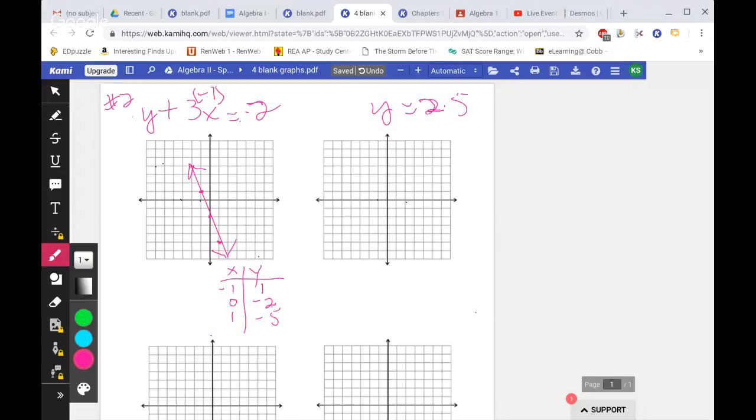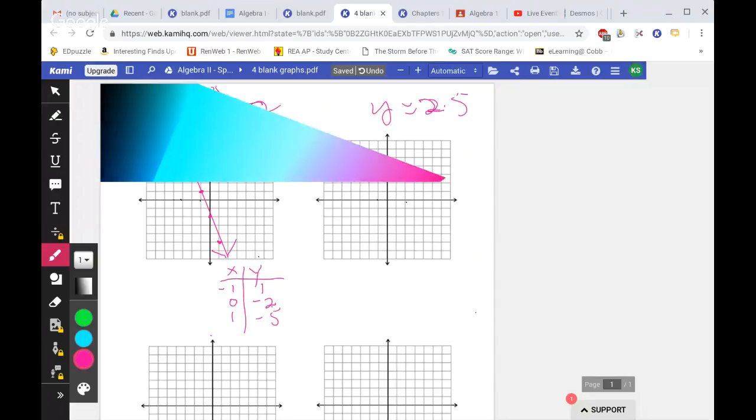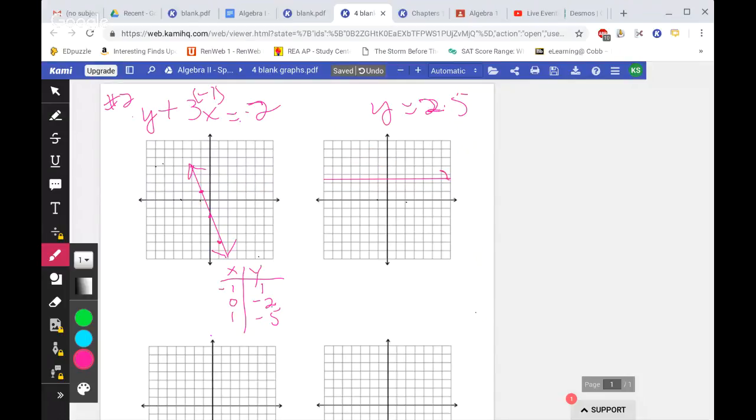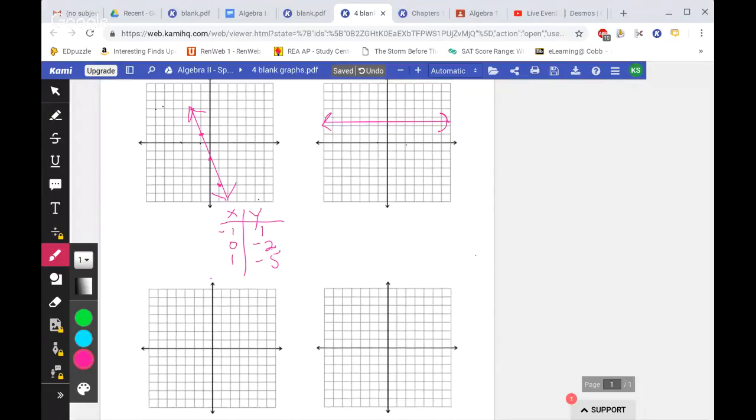So the challenge will be for Mrs. Sparks to draw a horizontal line at 2.5. So that's going to be a horizontal line, and example number 4 is going to be a vertical line, because no matter what y is, x is going to be negative 4. So 1, 2, 3, 4.